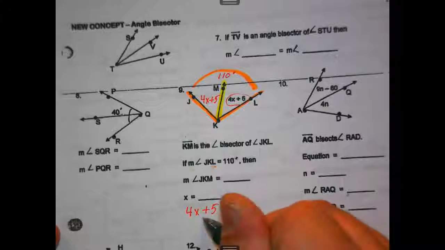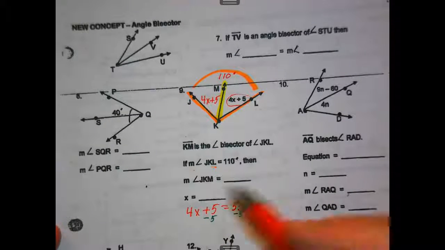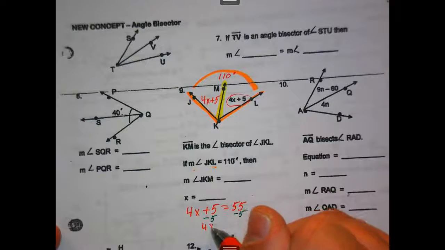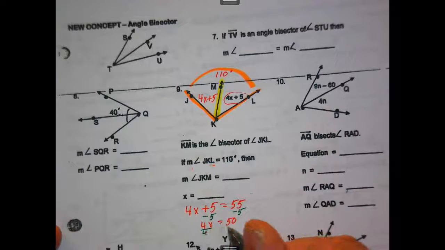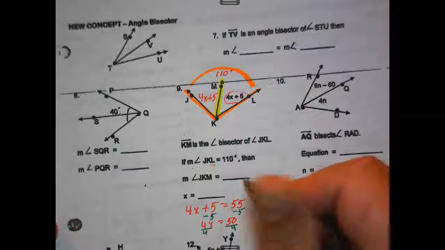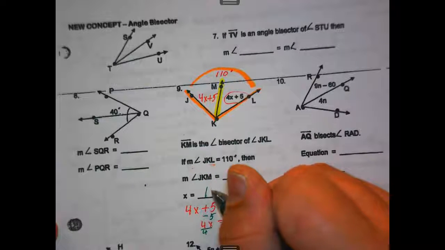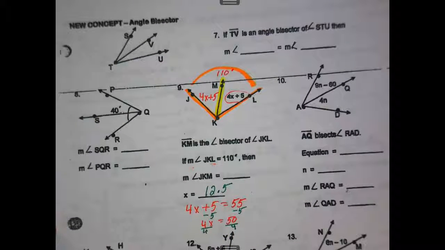I'm going to subtract 5. I get 4x equals 50. Divide by 4. 50 divided by 4 is going to be a decimal. What is it? Thank you.